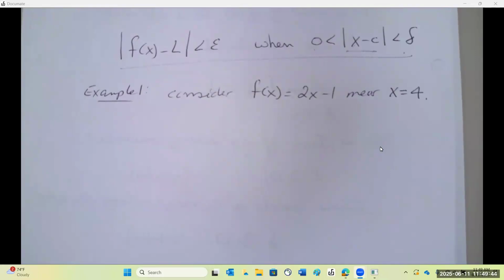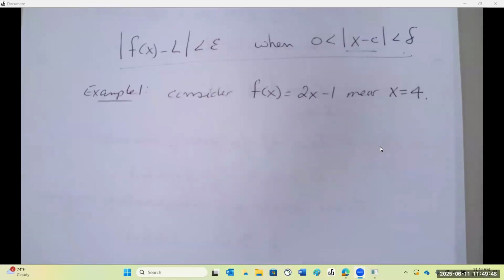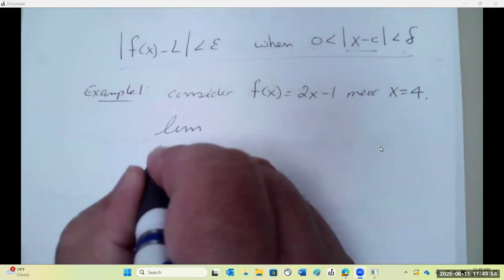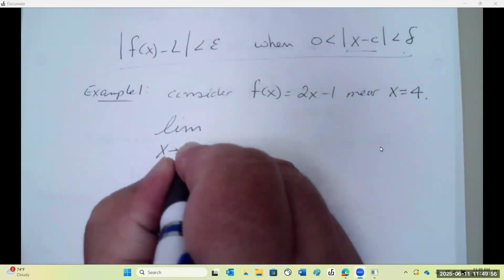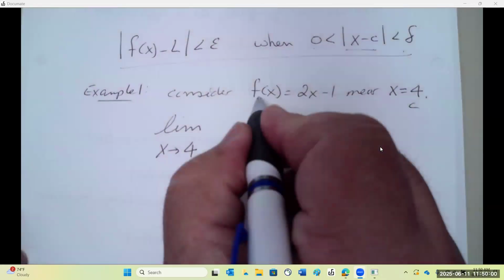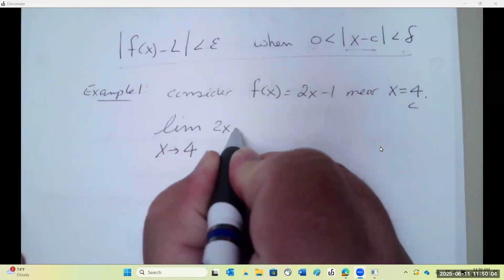How do we put this in limits? How do we put this in the limit statement? As x approaches 4, this is my c value. Very good. F of x is what? 2x minus 1.